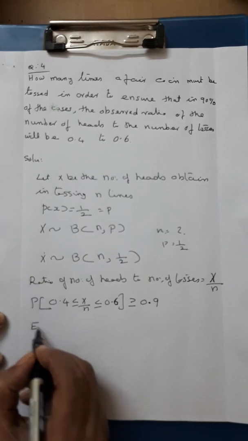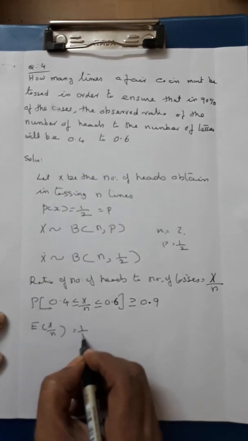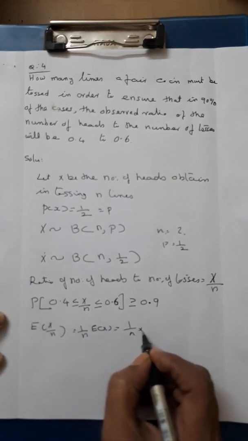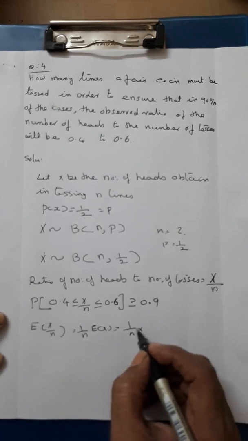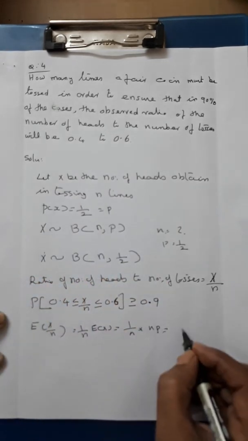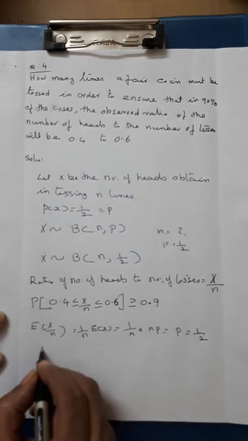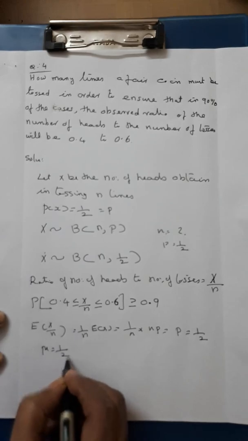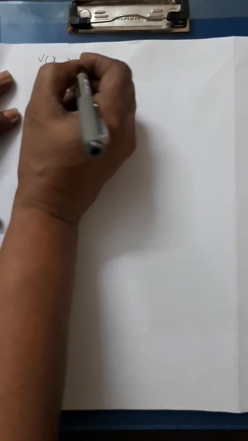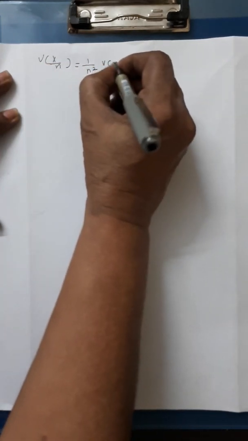The mean of the random variable x by n is E of x by n, that is 1 by n into E of x. What is E of x? X follows binomial n and p, so it is np, that is 1 by n into np, which is p, equal to 1 by 2. That is, mu equal to 1 by 2. Variance of x by n is equal to 1 by n square into variance of x.